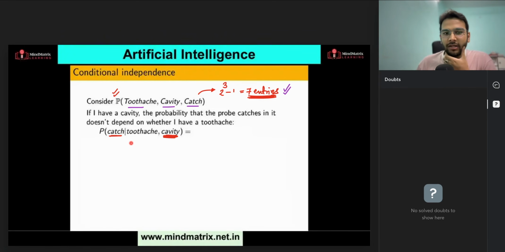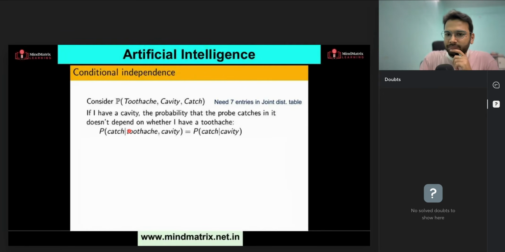That's what I'm saying. Irrespective of pain, there are germs in the cavity. So you have understood, right? We can say that toothache is irrelevant, so we can eliminate it. If we can eliminate it, I can clearly write that this will be equivalent to just the probability of catch given cavity.